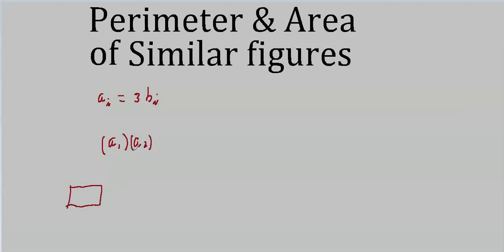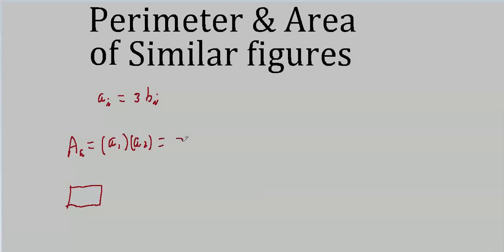So I could write that the area of polygon A was A1 times A2, but each of these is 3 times B sub I. In other words, A1 is 3 times B1. A2 is 3 times B2.